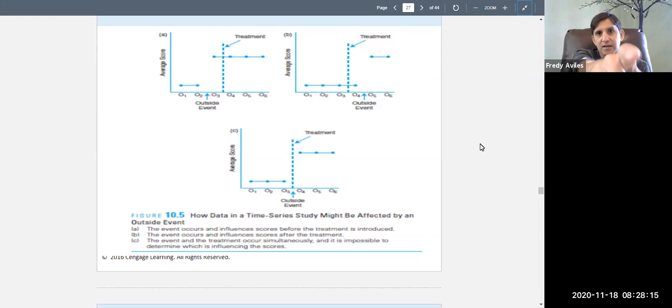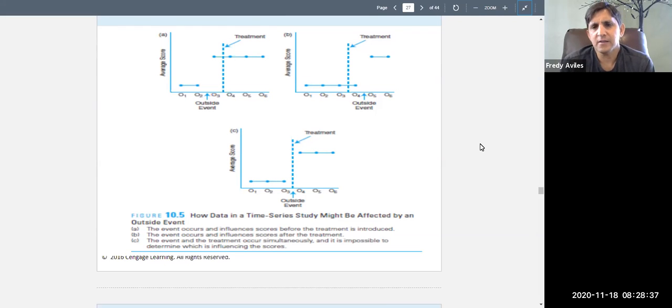Before the treatment, we see that that dot is up there, right? And then the treatment came in, and the treatment seems to have done nothing because the pattern remains. So there, if there's an outside event, a potential confound, we know what it's doing, okay? So we can tease out the effect, and we still know what's happening.